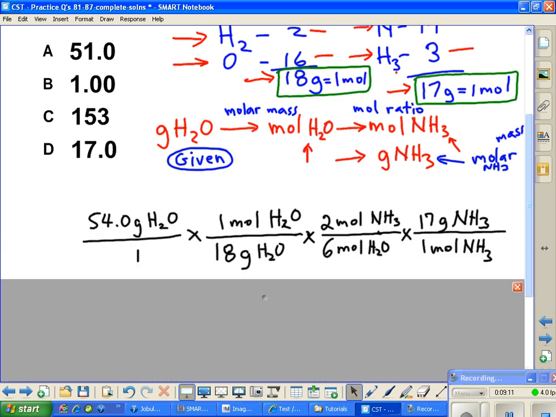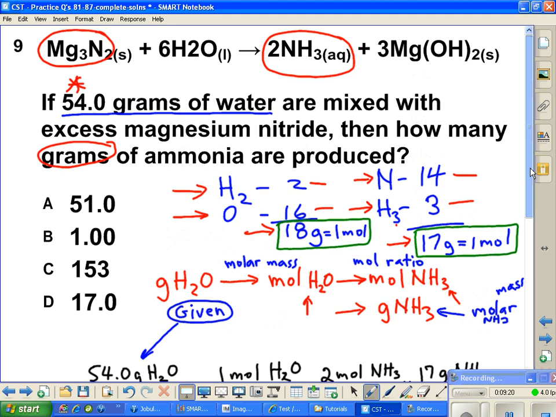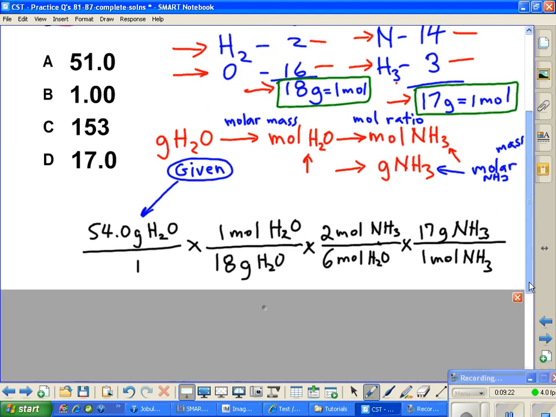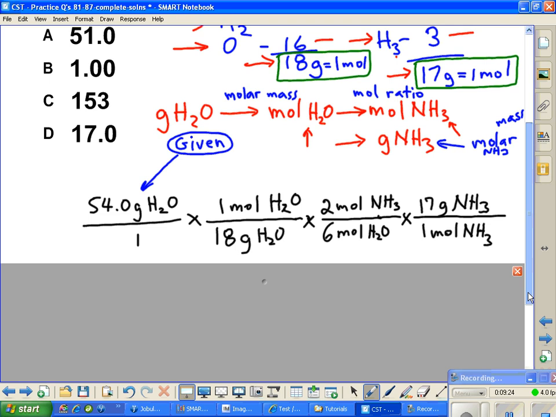Okay, now let's go down and see how that actually works out. So here's our given, right here, 54.0 grams of water, which you see up there at the top. The number here is, of course, the molar mass. And the mole ratio that I had up here is what we're using right down there.